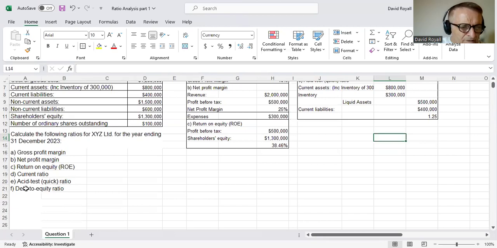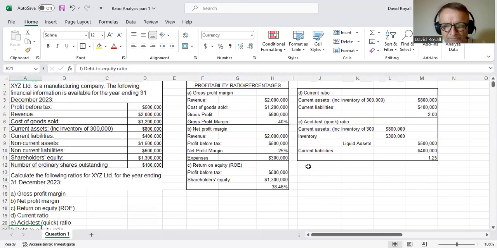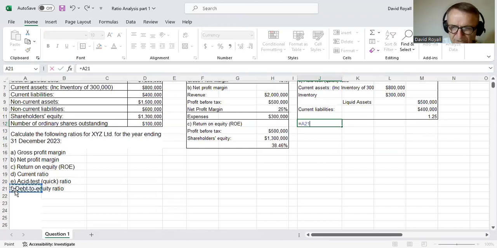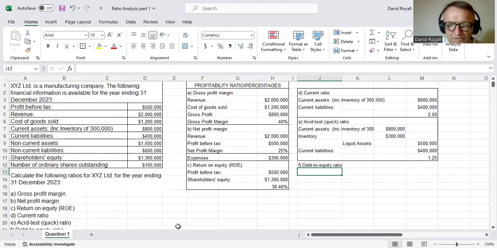Finally, let's have a look at this one. Debt to equity ratio.